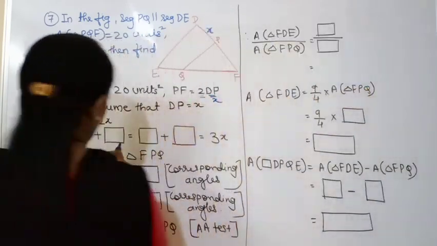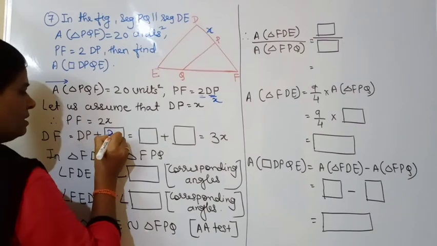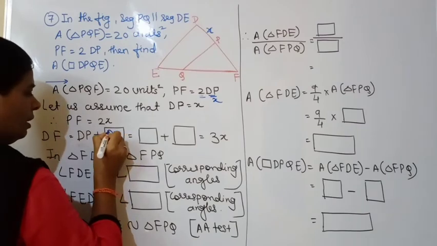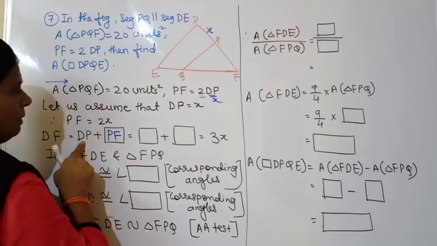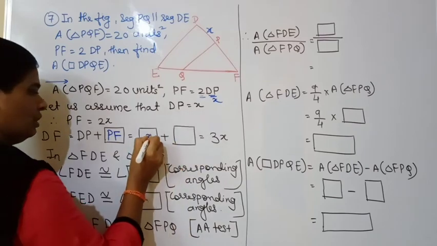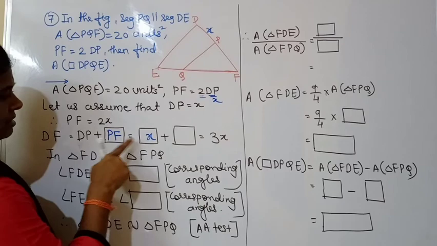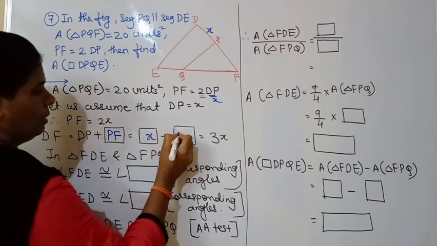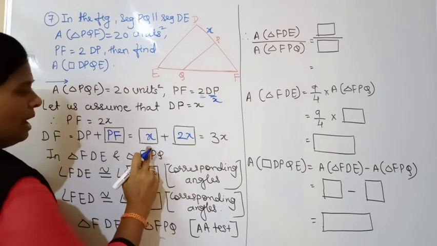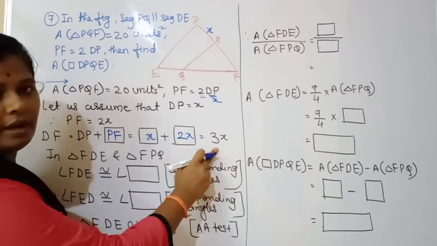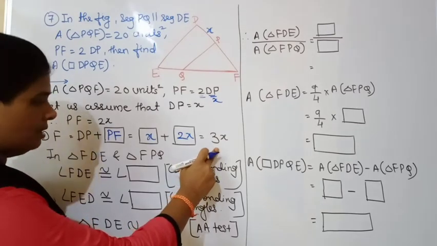Okay. So we will fill the box with DP plus PF. Now we will write the measurements. DP we have assumed as X, and PF is 2X. So X plus 2X, what do we get? The value is 3X.